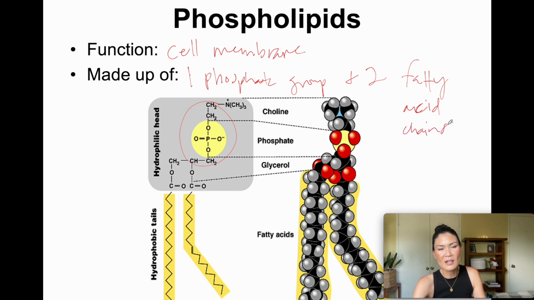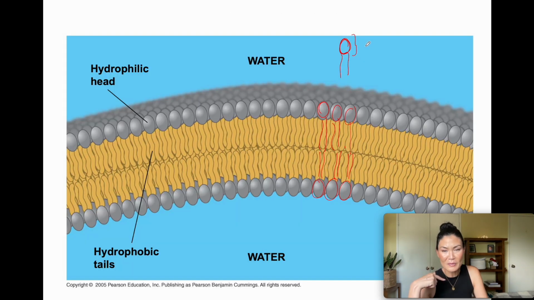I wish I could just type this. I don't know how to do that, but anyways. And it's going to make up the cell membrane. Phosphate group has lots of oxygens around it. That's going to be polar, or hydrophilic. Remember, water loving. Whereas the tails are made out of fatty acid tails. They're non-polar or hydrophobic.